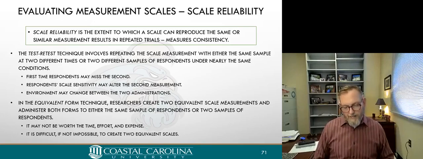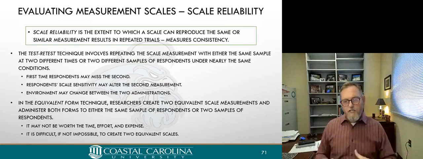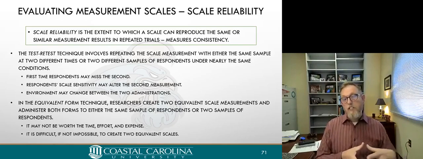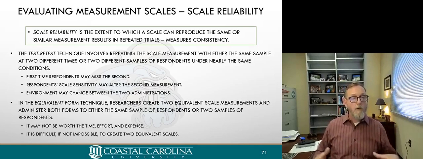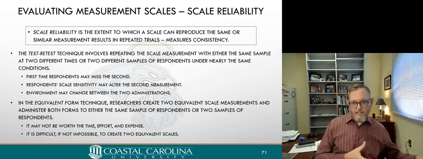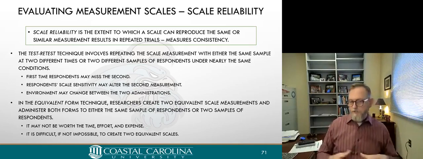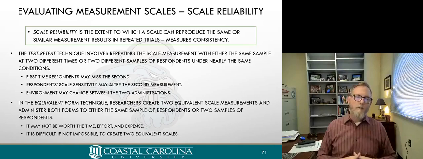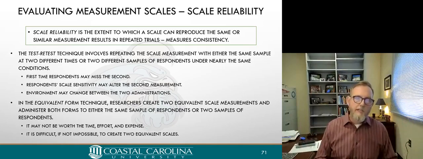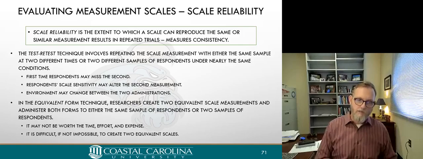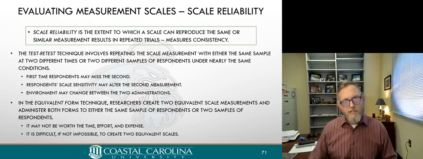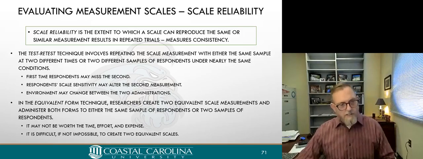So one aspect of this, and we're going to look at this in a second, is duplicating questions or asking the same question in a different way, which will be an equivalent form technique. We might use the two different questions from two different samples. But the key here is, do the questions act similarly to each other, and do they measure the same thing?